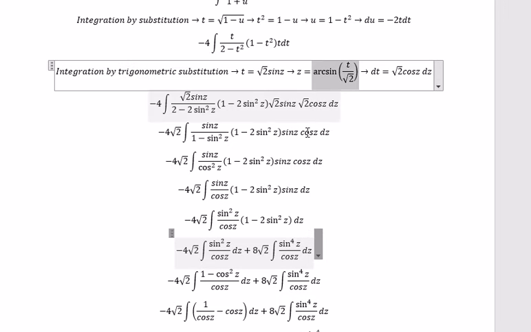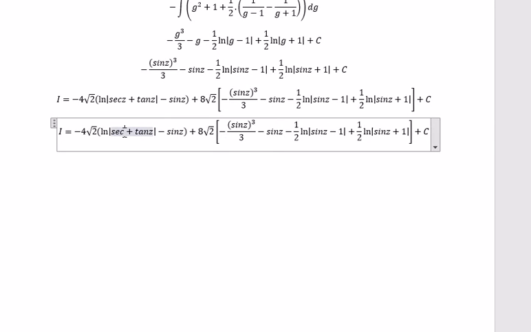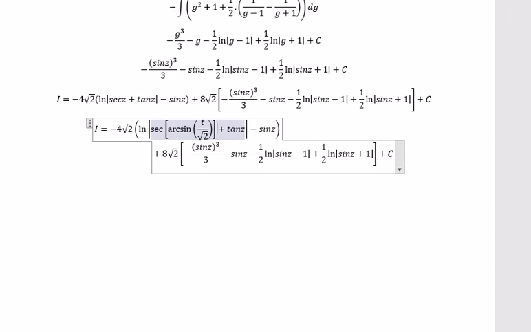So we put this one in here. Here. Here. Because we have sine with arcsine, so we got t over the square root of number 2 in here.